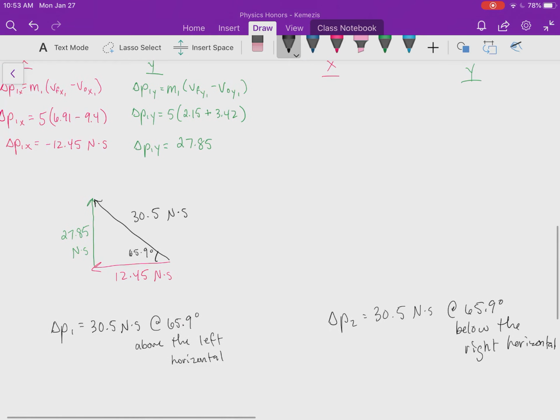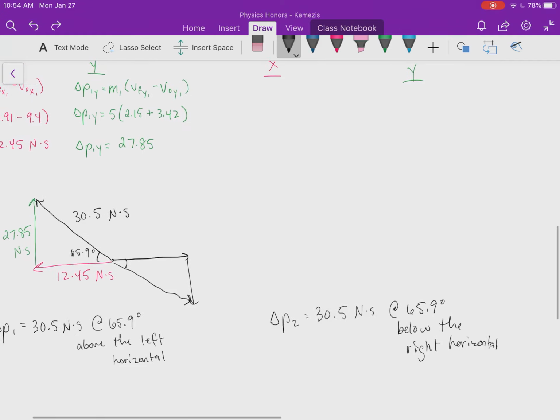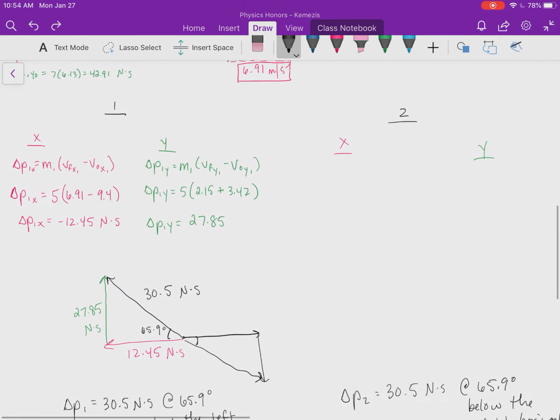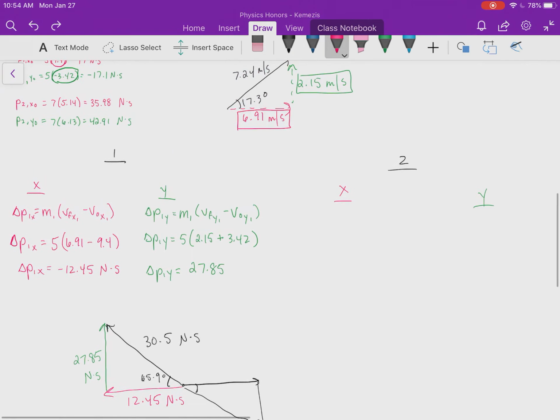Because we know that Newton's third law says force is equal and opposite, so we should have a 12.45 that way, a 27.9 that way, and a 30.5, which is 65.9 below, because these two are 180 degrees away from each other, and that's what we consider opposite in 3 dimensions. But I'm just going to show the math as we're doing it so that we can see that this does work out, and then you can trust yourself in time.